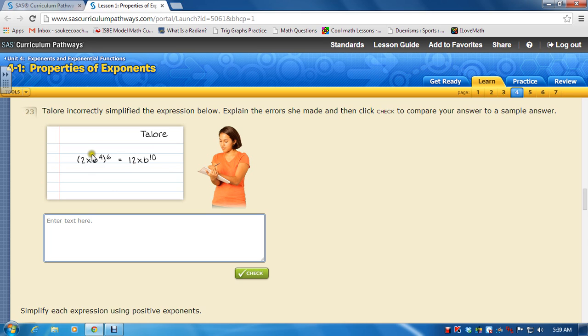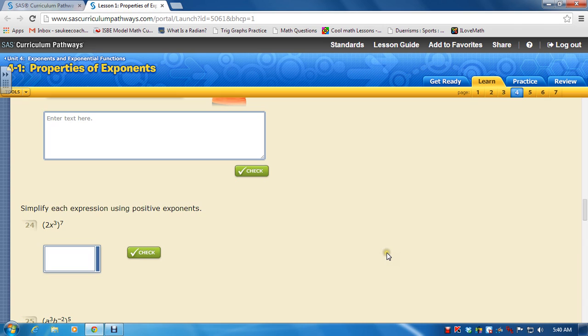We should have 2 to the 6th power, x to the 6th power. But then, what they did with the b, they didn't do it correctly either, did they? What should I do with this 4 and 6? I shouldn't add it, I should multiply it. Okay, so my final answer should have been 2 to the 6th power, x to the 6th power, b to the 24th power. Alright.